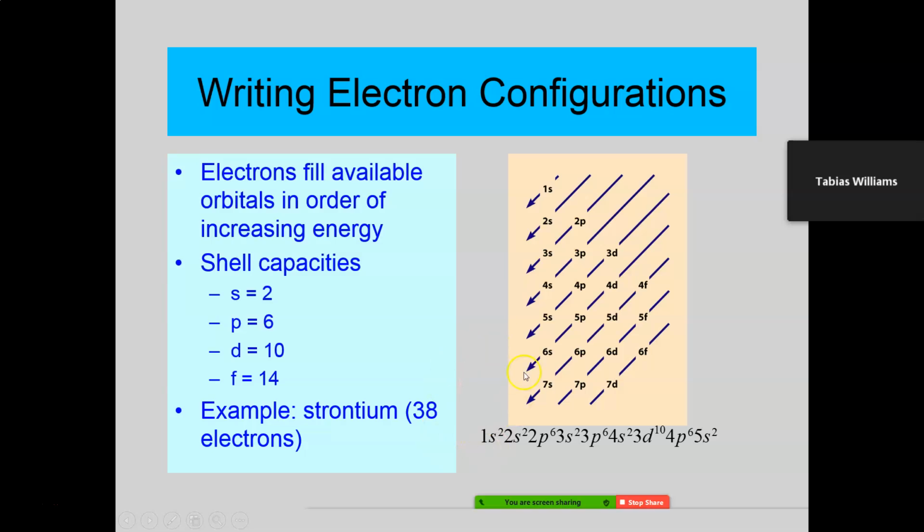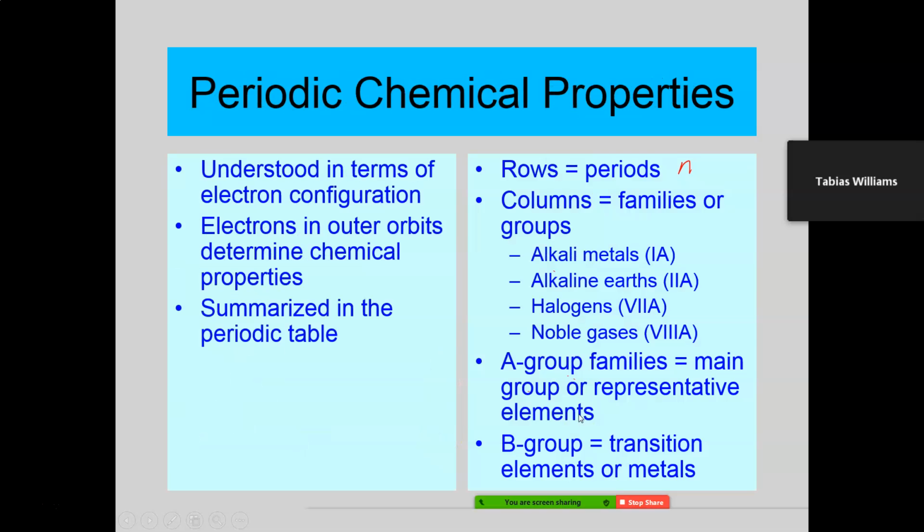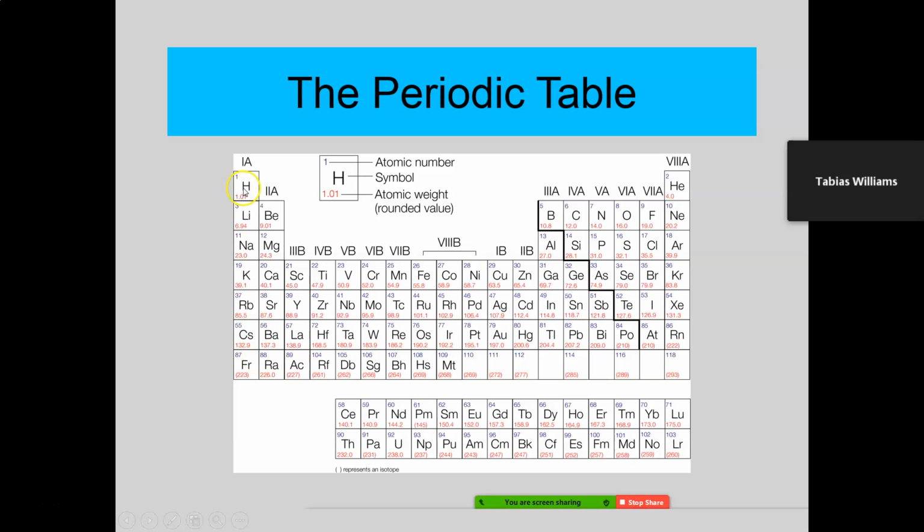Oops. On the periodic table. Here's 1s1 and 2, 2s1 and 2, 2p, 1, 2, 3, 4, 5, 6, 3s1 and 2, 3p, 1, 2, 3, 4, 5, 6, 4s1 and 4s2, and then 3d, 1, 2, 3, 4, 5, 6.